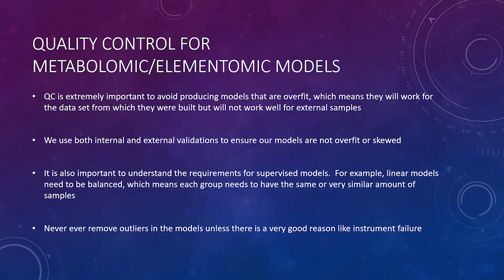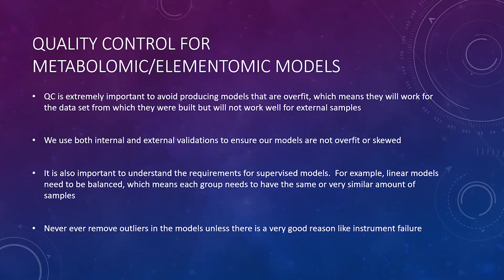The other thing about models is they become overfit quite easily. And some people love the look of an overfit model because the separations are almost perfect. But an overfit model means that they're going to work on the data set from which they were built and not work well for external samples.